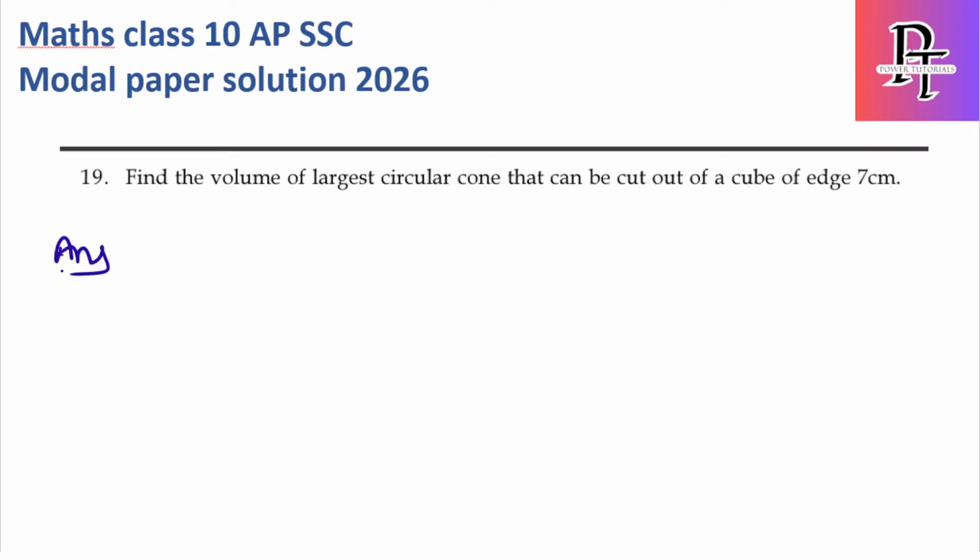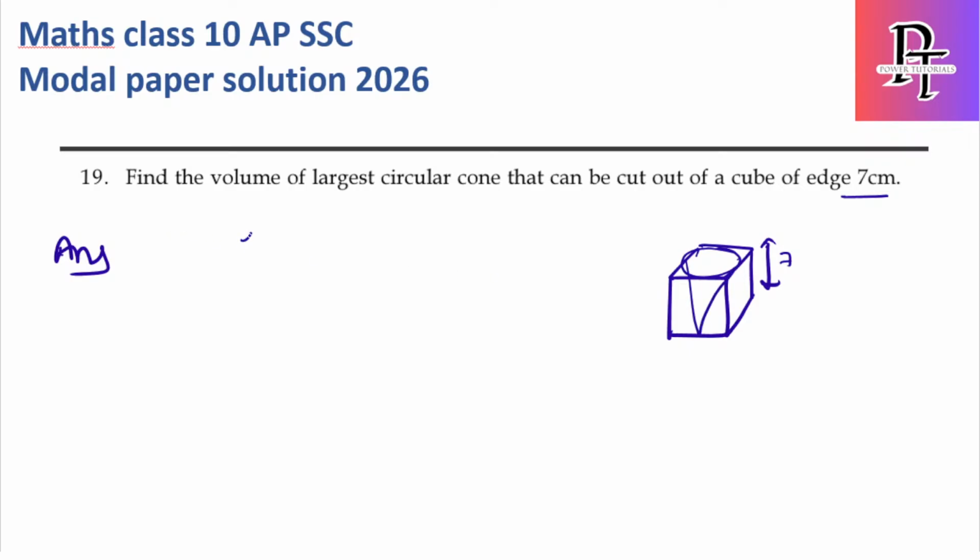Find the volume of the largest circular cone that can be cut out of a cube of 7 centimeters. Cube is nothing but the 3D diagram where it has 6 faces of squares, and this is 7. The largest cone can be something like this, where the diameter will be exactly equal to the edge and the height also will be equal to the edge.